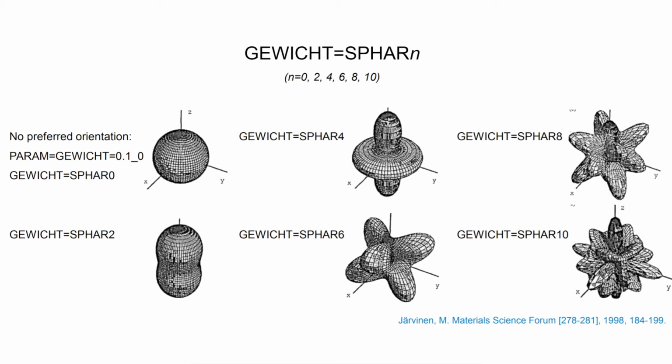So if crystals grow as needles or platelets, we usually need a simple model of texture, for example, SPR2 or maybe 4. And sometimes maybe 6 makes sense, but as we go to 8th or 10th order, we can model pretty much any mismatch in intensity of the peaks as texture, and this might not be correct.